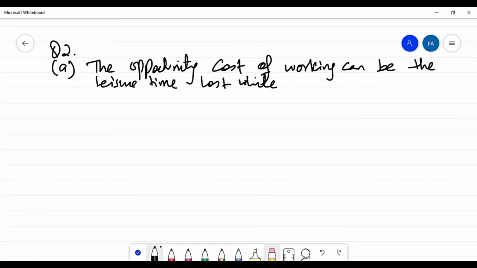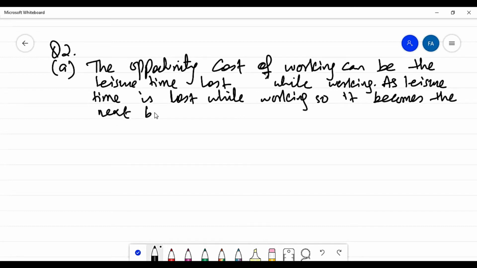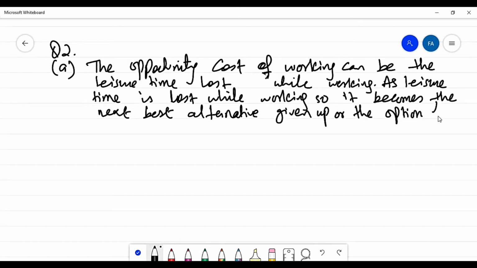So let's change that: as leisure time is lost while working, it becomes the next best alternative given up, or the option left out.